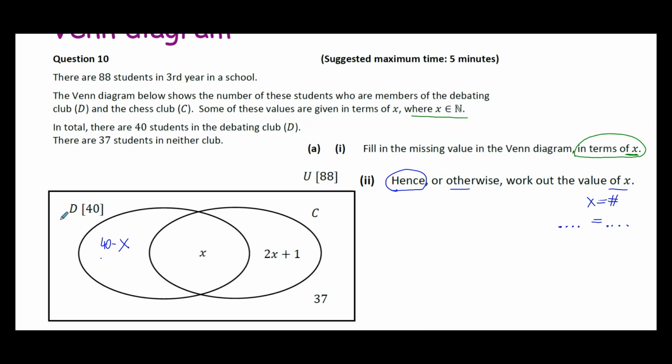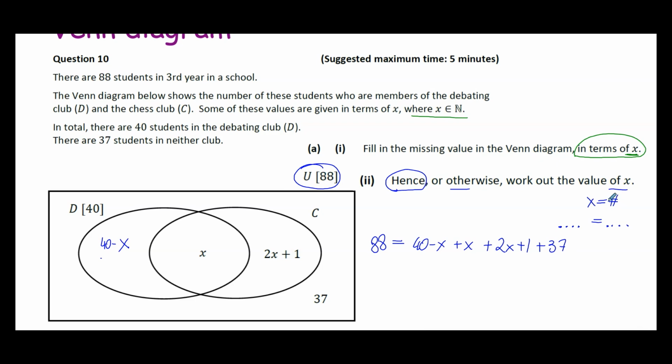So what do I know about a Venn diagram? That everybody is 88. So this part is 40 minus x, then this part is x, then this part is 2x plus 1, and then 37. Together, all these numbers should give me 88.